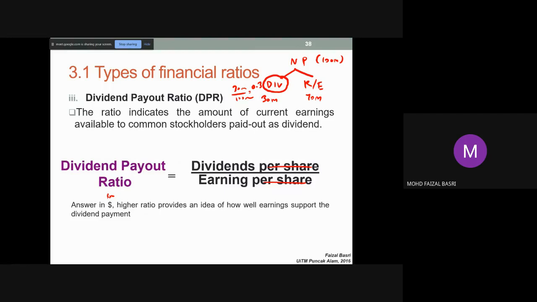From every RM1 of your investment actually, from RM1 of your investment, you're going to get 30 cents. Not investment, correct it, initially, from RM1 of net profit, you're going to get 30 cents of earnings. Okay, so that's dividend payout ratio. Again, the higher the ratio, the better for the company, as for the investor.